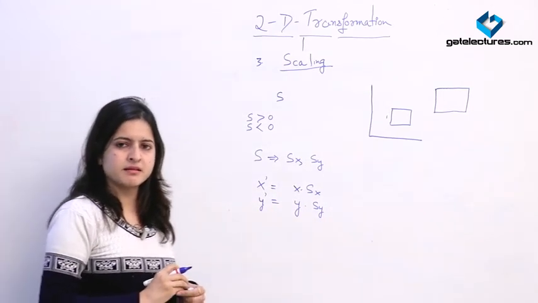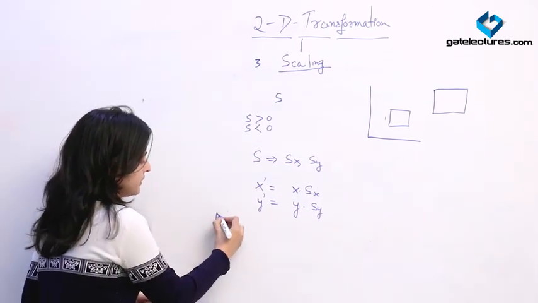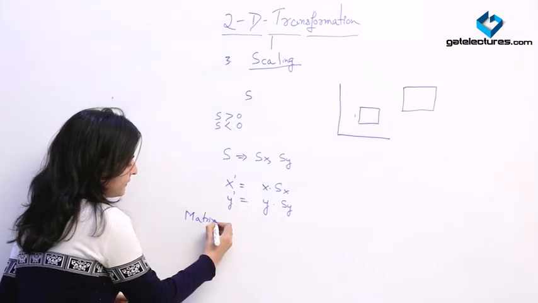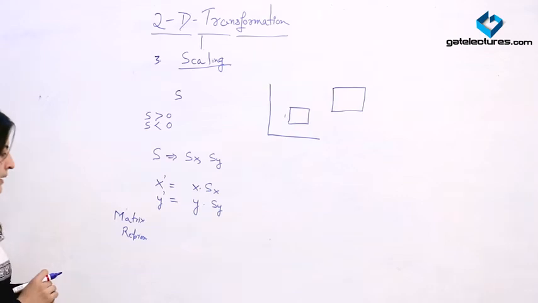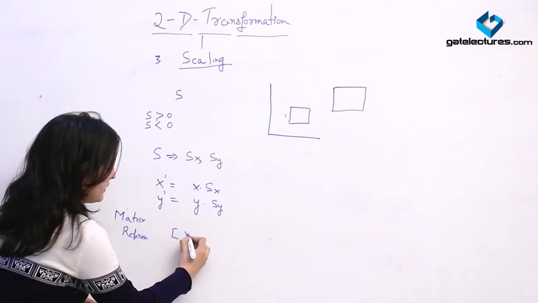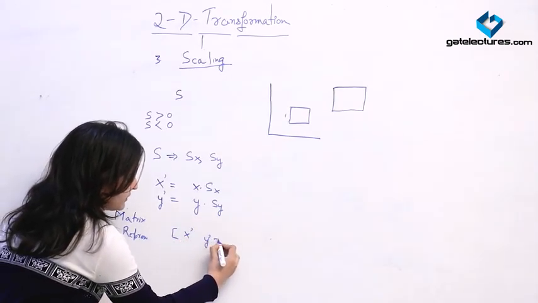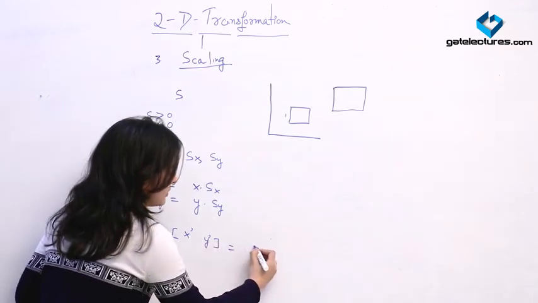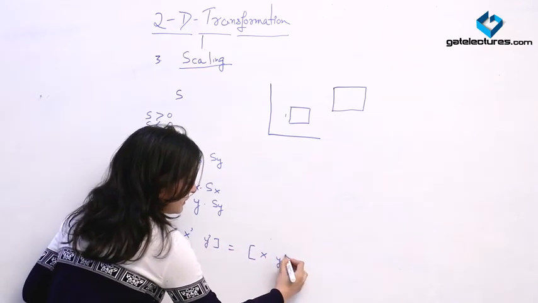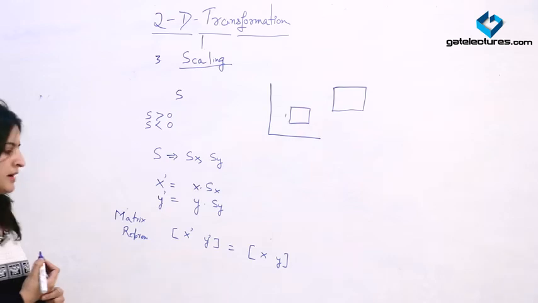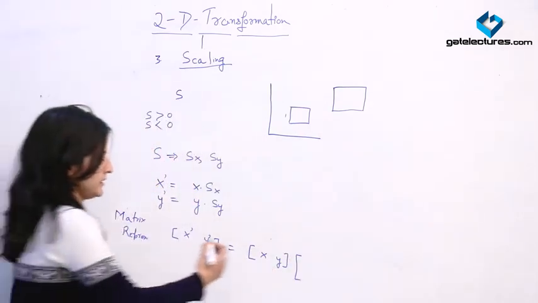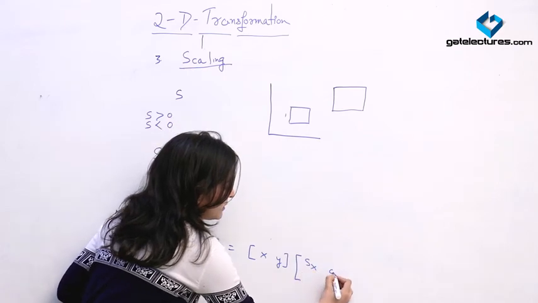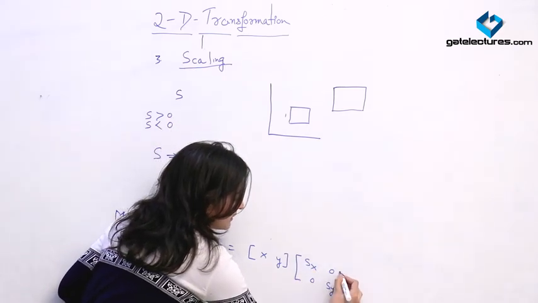So we can represent this also by matrix representation. In matrix representation form, we have [x dash, y dash] equals [x, y], which are the previous coordinates, multiplied by the scale factor, that is [sx 0; 0 sy].